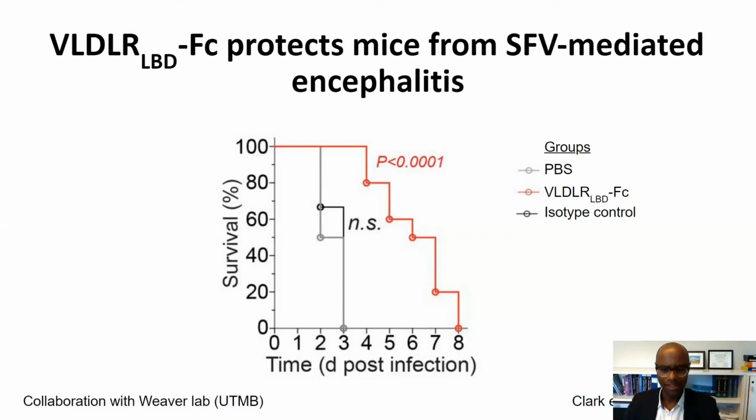Within 3 days, all mice challenged with SFV and treated with either PBS or isotype control rapidly succumbed to infection. But with a single administration of the VLDLR-LBD-Fc fusion protein, about 6 hours before viral challenge, we saw robust levels of protection, such that at day 3, 100% of the mice were still alive.